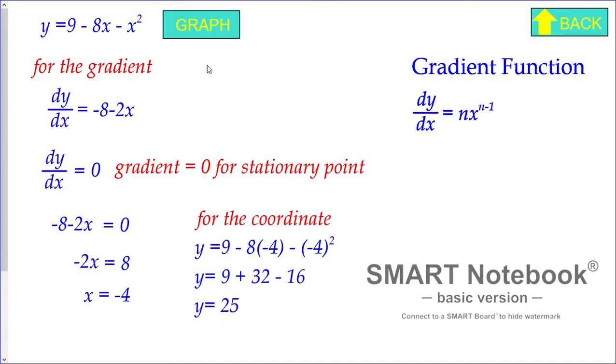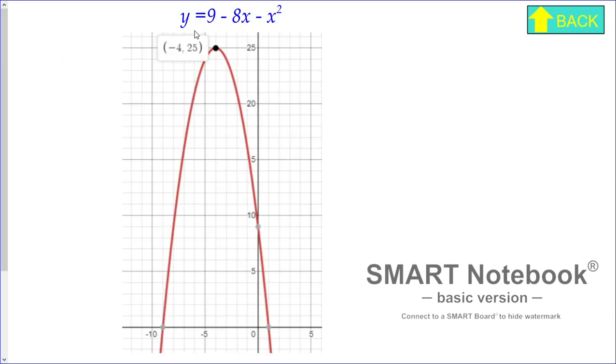Now let's look at the graph. I have for you here the graph of this function. Because I graphed it, we can clearly see this is going to be a maximum point. However, how would you do it without the graph? For a quadratic, whatever the coefficient of x squared is will tell you the direction, or what we call concavity, of this function.